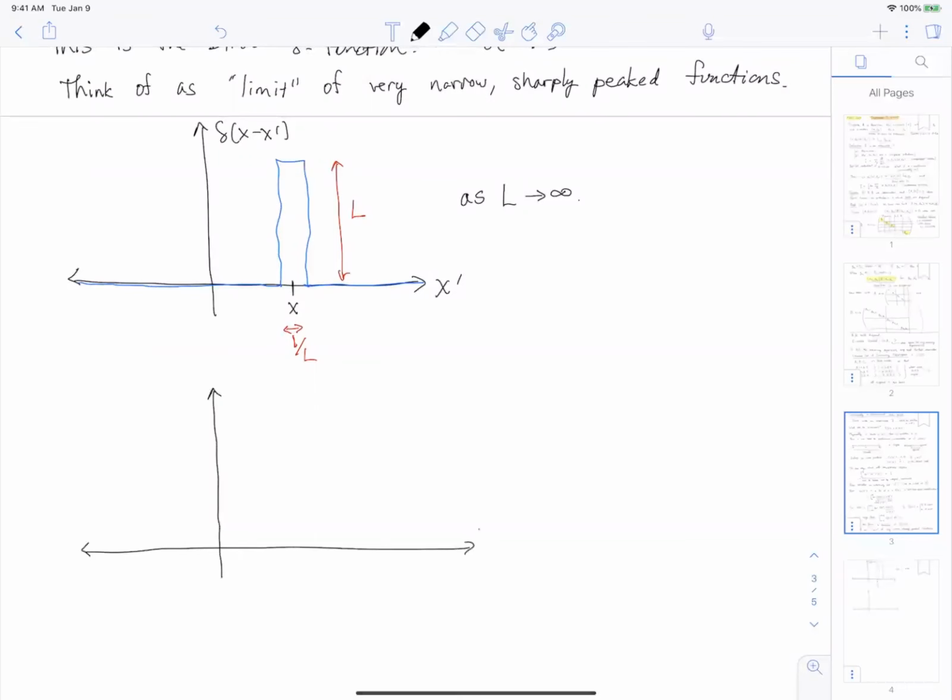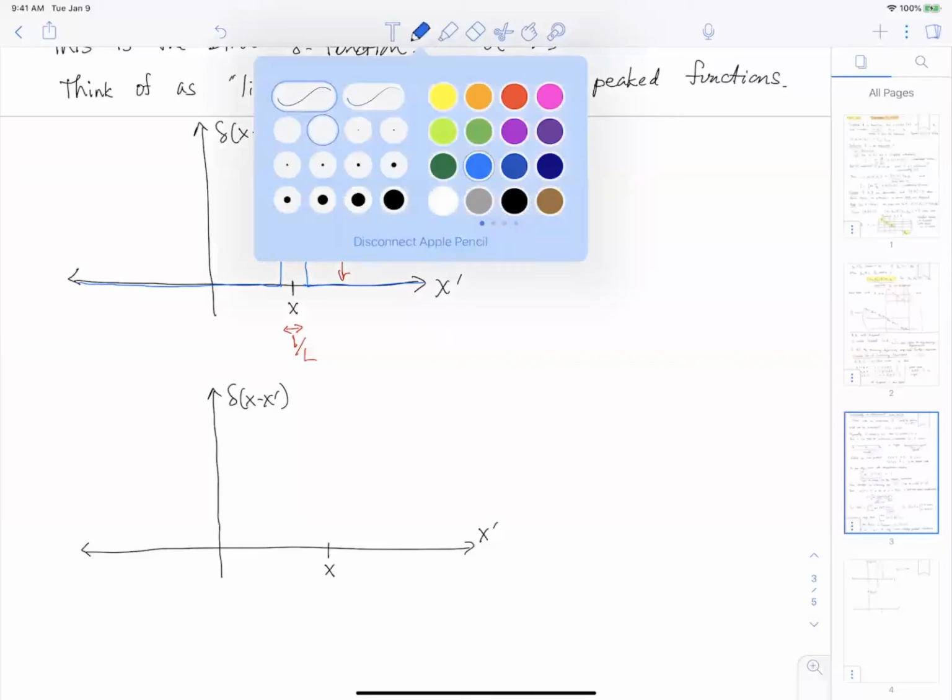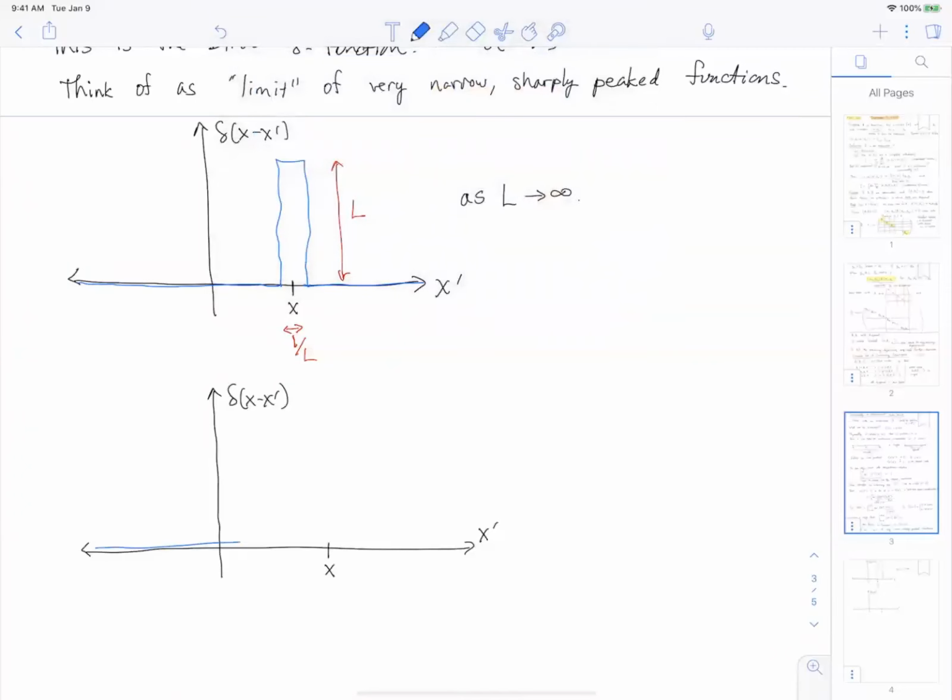Another way that you could think of the Dirac delta function is as the limit of a very sharply peaked Gaussian. So here's the point x again, but this time I'm going to graph it as a Gaussian bell curve. Pretend that's a Gaussian.